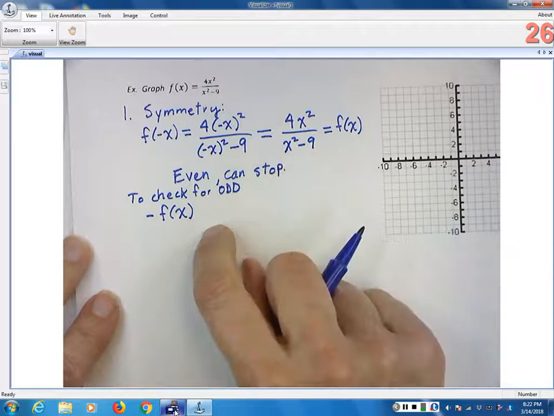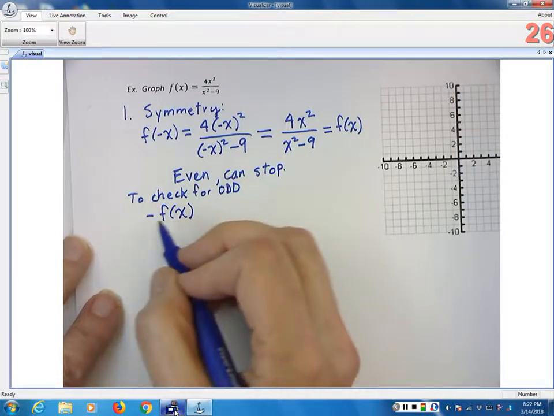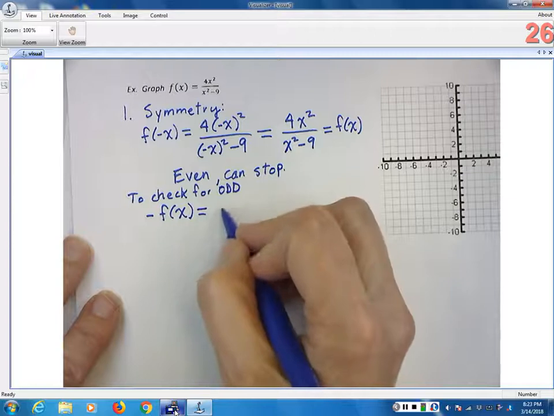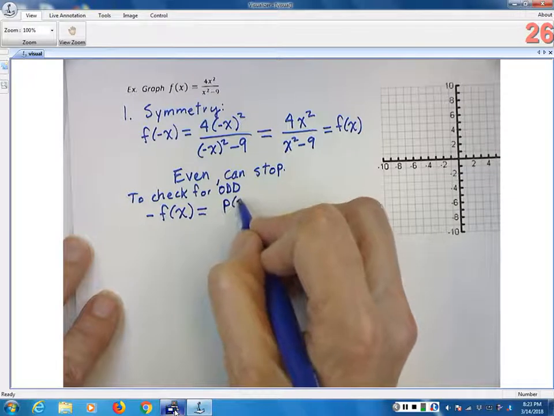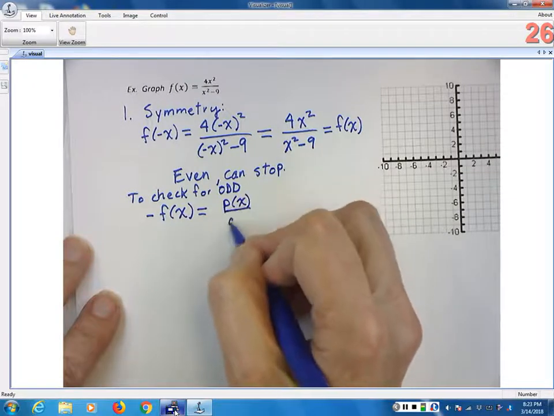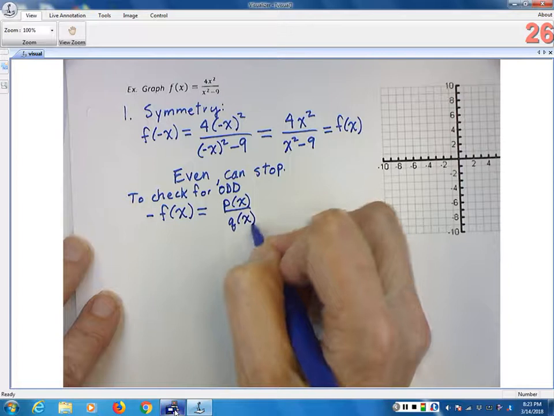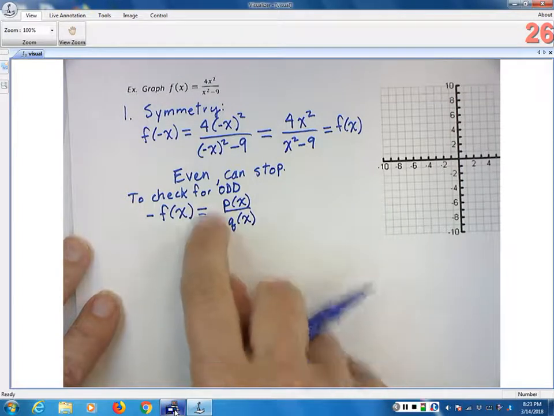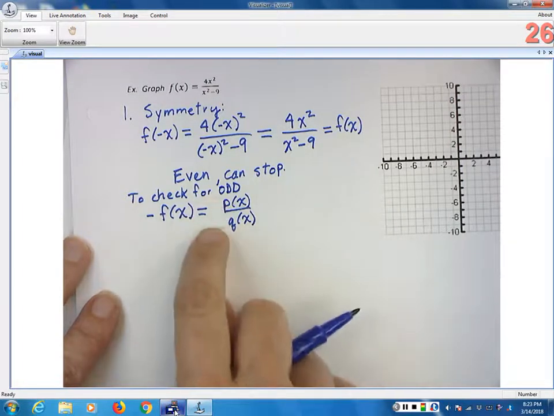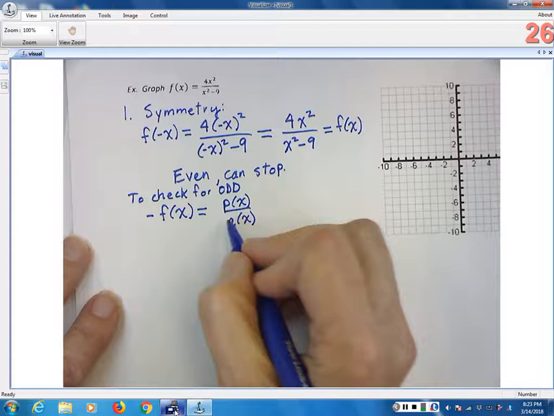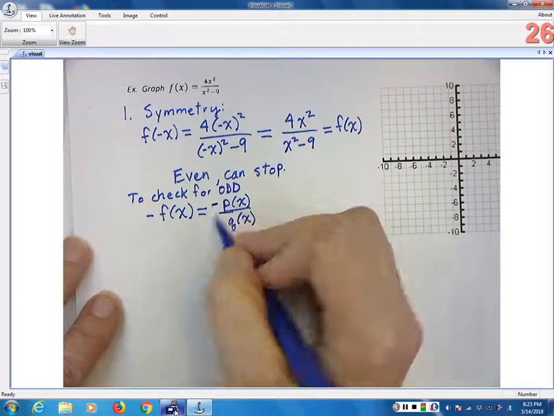It won't, because it can't be both even and odd. But when we have a p of x over q of x, remember, if we have a minus sign in front of a fraction, we don't put two minus signs. Everybody does this. You just put it on the numerator.